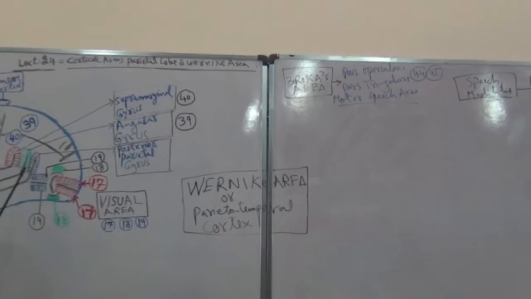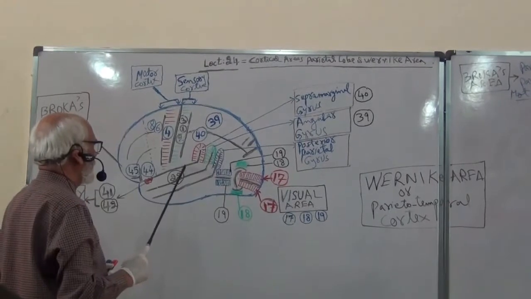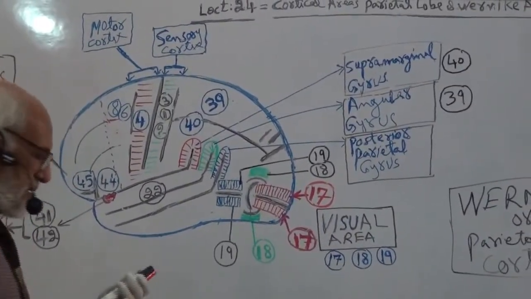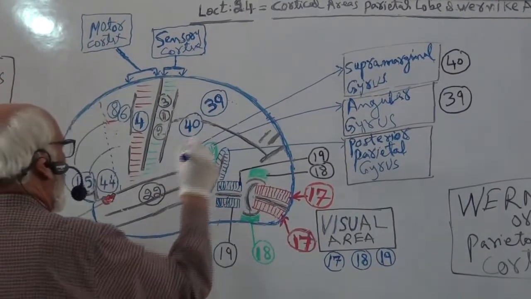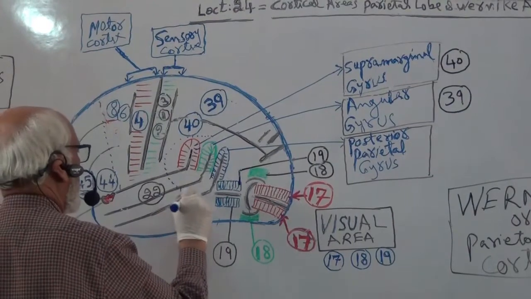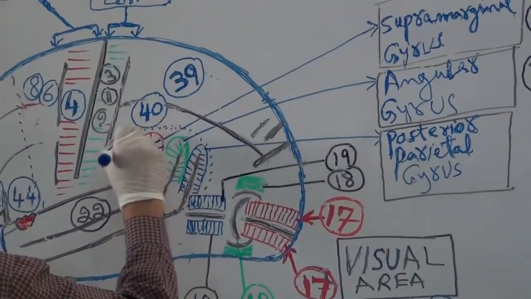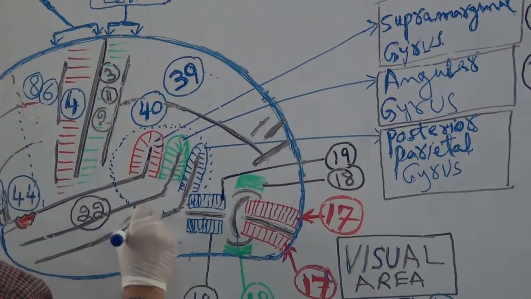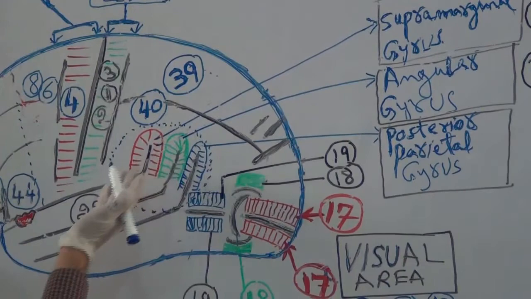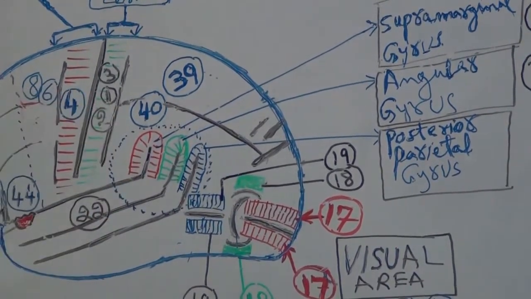Why? You can see this is the lower part of the inferior parietal lobule and the posterior part of the temporal area, for example this area, in the neighborhood of the inferior parietal lobule. This is parietal temporal cortex, Wernicke's area.